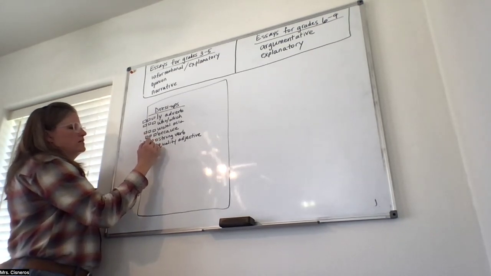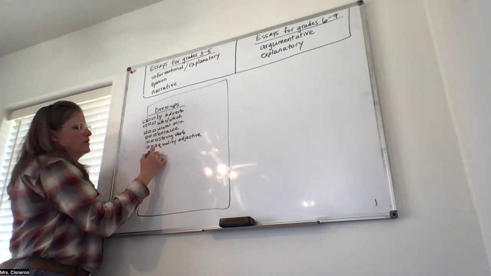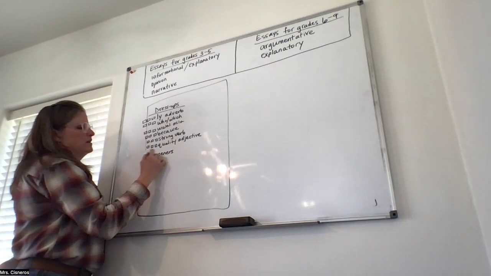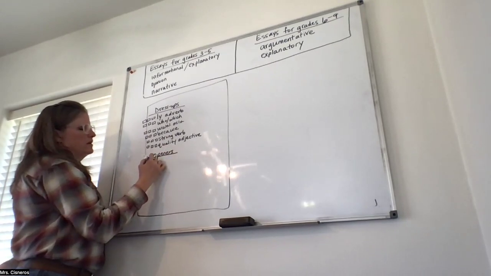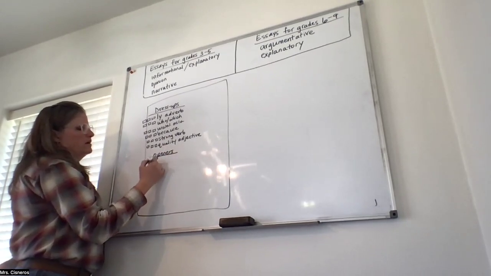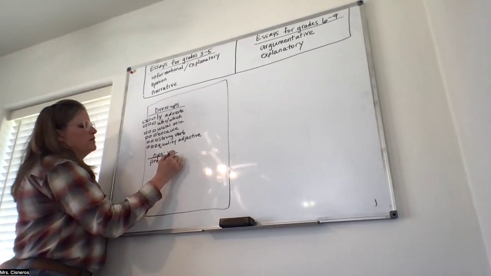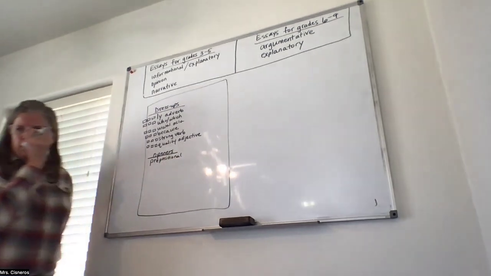Do we do our opener too? And then openers, yeah. So what are the openers, Lily? The reason is the prepositional opener. Good, yes, good. And by the way, you don't need to number these for this test.